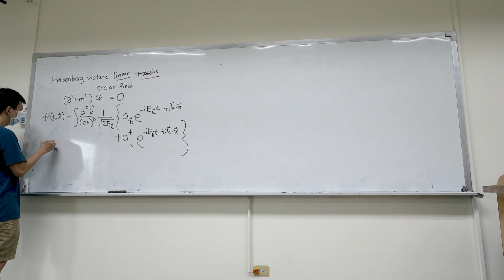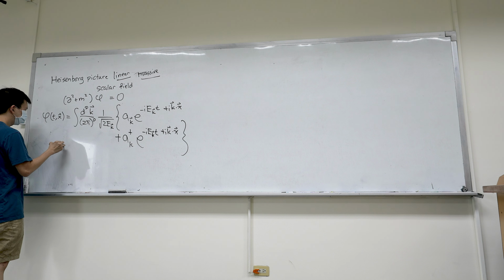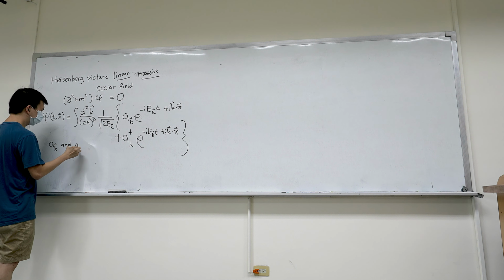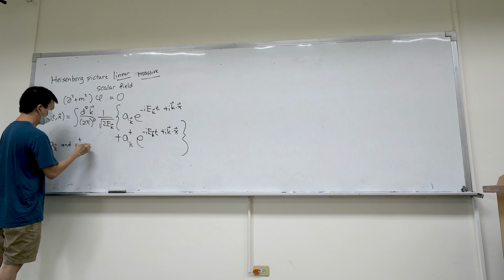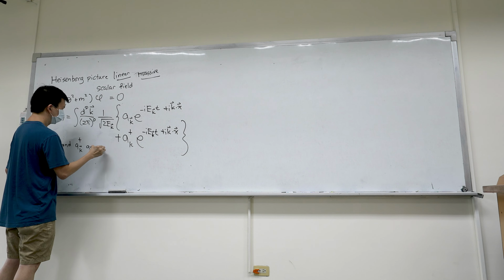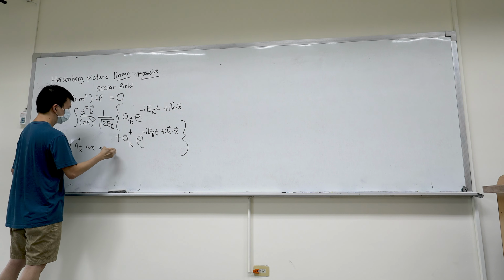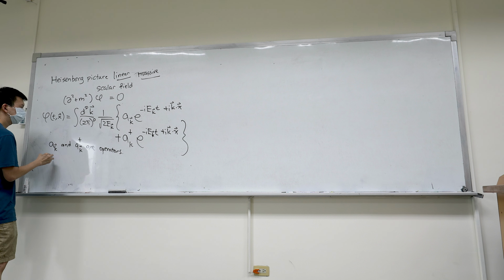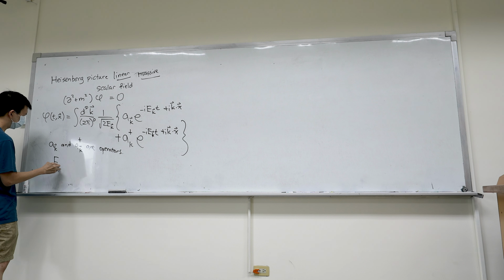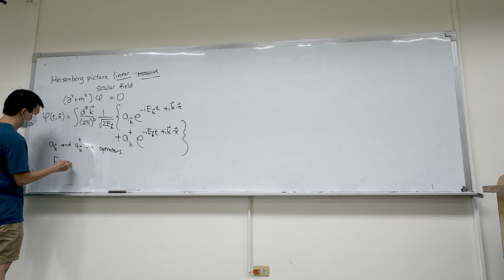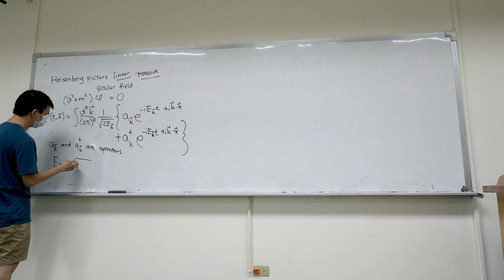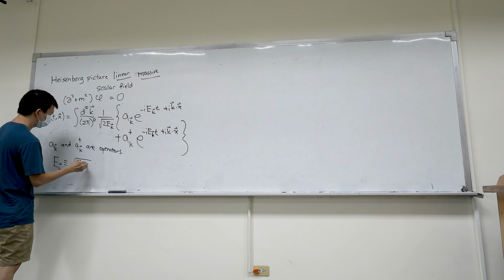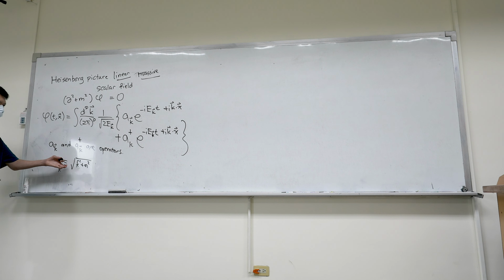A and A dagger are operators, because we're quantizing the scalar field. And I should say E is the positive energy, the square root of k squared plus m squared, which you can recognize as just the energy, the zeroth component of momentum, so to speak.